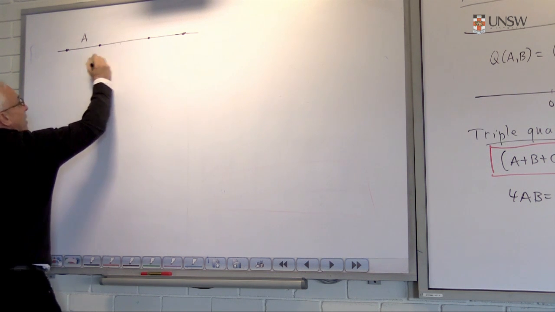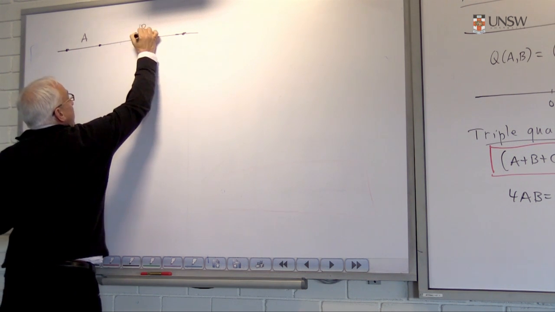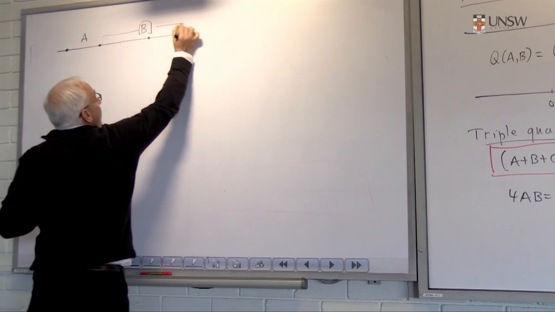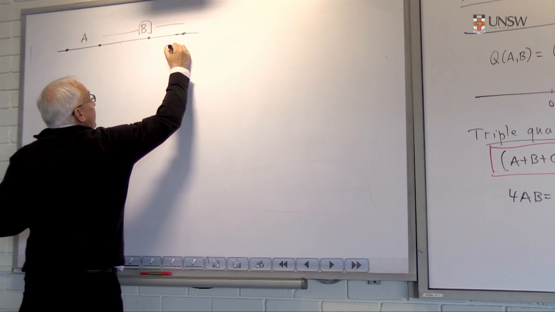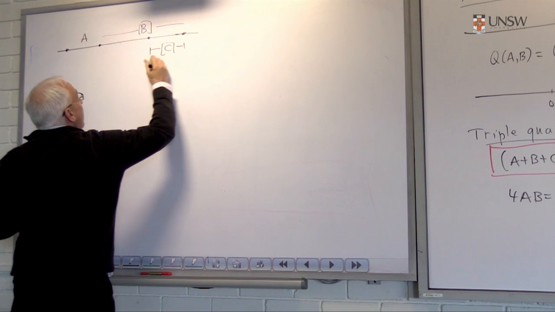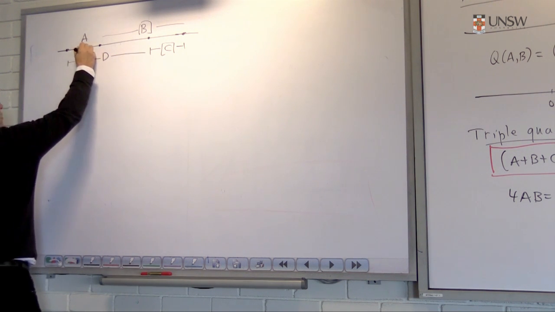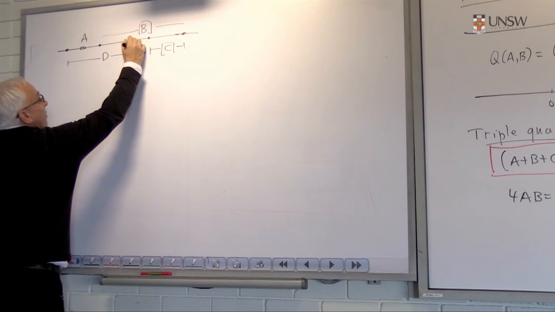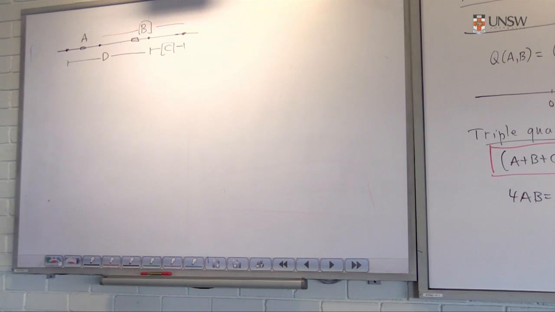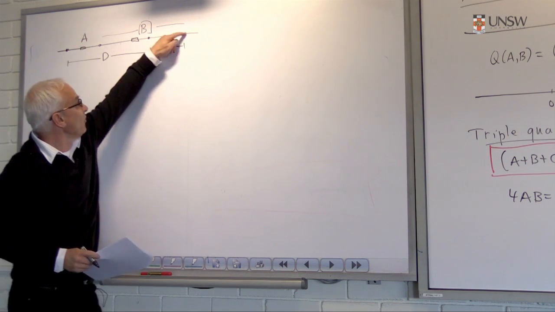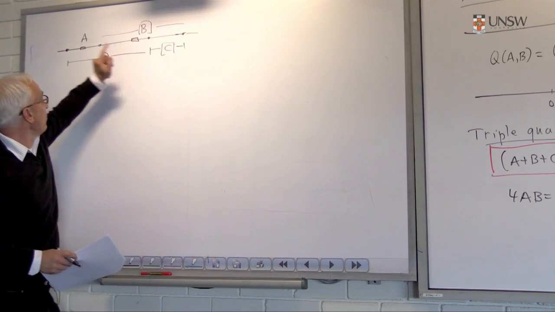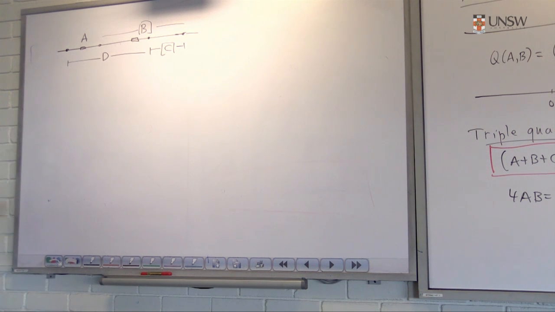From here to here it's A. And maybe from here to here will be B. And from here to here will be C. And from here to here will be D. Okay, these are all quadrances. So we have 4 points. We're going cyclically. From here to here is A, from here to here is B, from here to here is C, and from here to here is D. And we're interested in what's the relationship between these 4 quadrances?